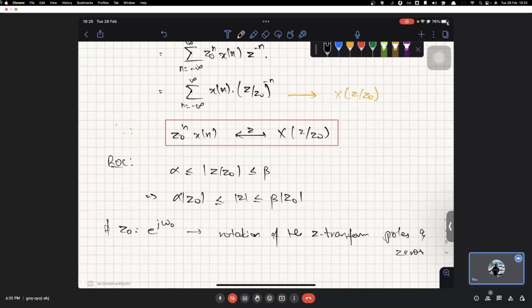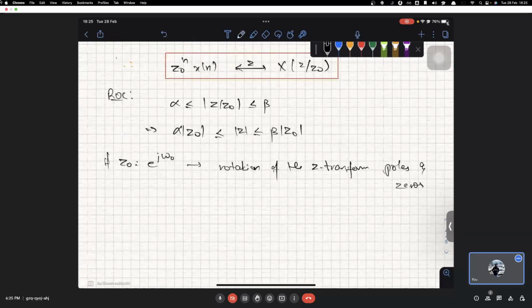If z0 is complex with unity magnitude, the scaling corresponds to a rotation of the z transform by an angle of omega naught. So the poles and zero locations change positions along circles centered around the origin.